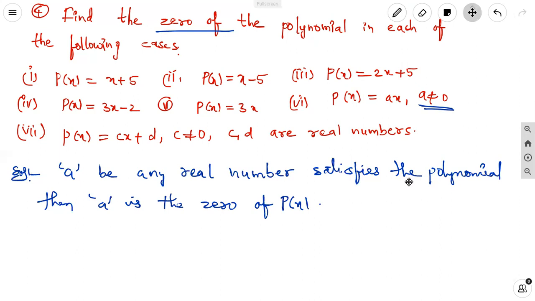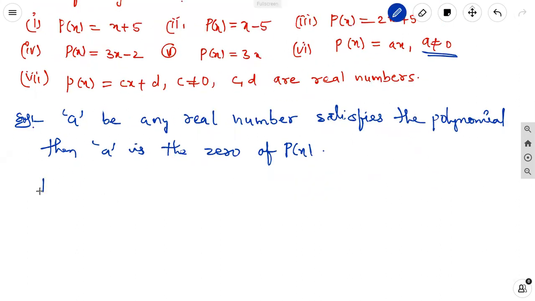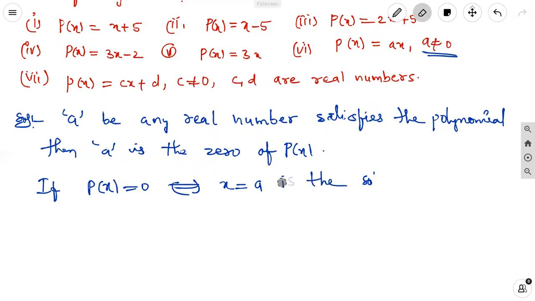That is nothing but if p of x equal to 0, then x equal to a, or the solution x is the zero of the polynomial. If x equal to a is the solution, then that solution is the zero of the polynomial.